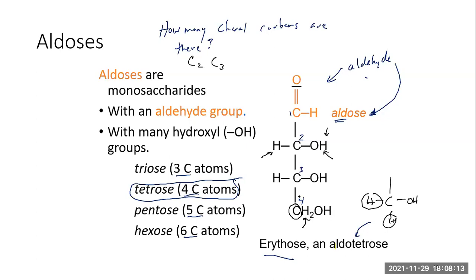Number 4 is achiral. That's important because if we go down from the most oxidized group to the furthest chiral carbon, which is this guy, we will see that the OH group is sitting on the right-hand side. And that would mean that this is a D for right conformation. Any questions on that there?